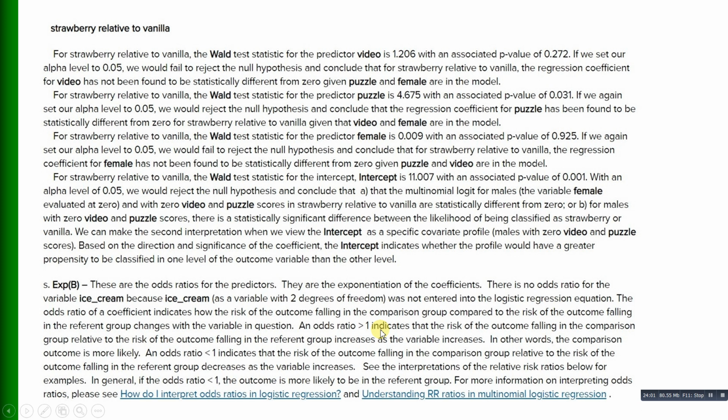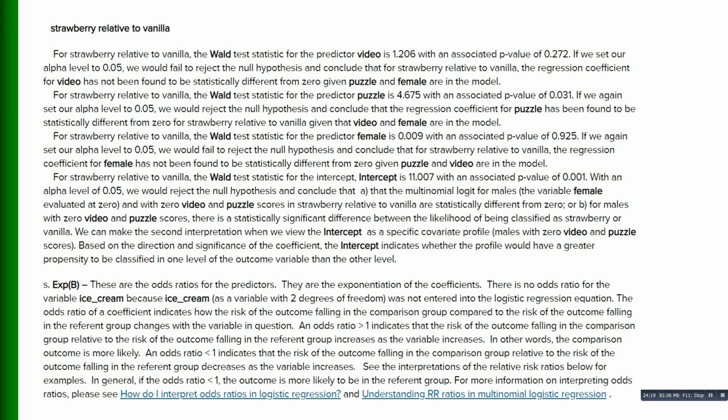So it means that if the odds ratio is greater than 1, then there is a positive relationship between the coefficient of the variable and its likelihood or probability.